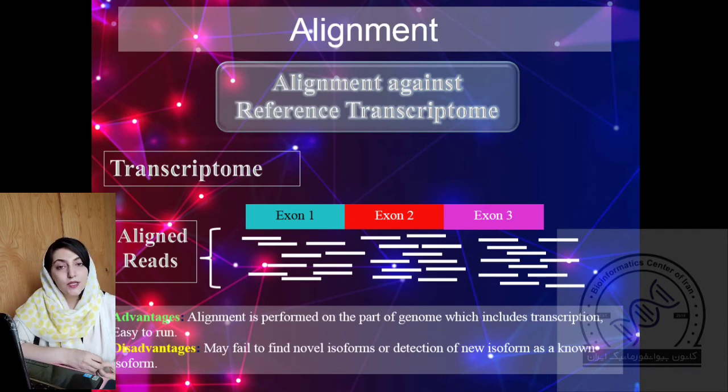So, as I mentioned before, for deciding which tool or method we should use for alignment in the RNA sequencing pipeline for the analysis of our data, it's always good to know the aim of our analysis. I would also recommend that you go through the tutorials or manuals of each tool, read about them, and see what exact information they can help us achieve when we are using those alignment tools.